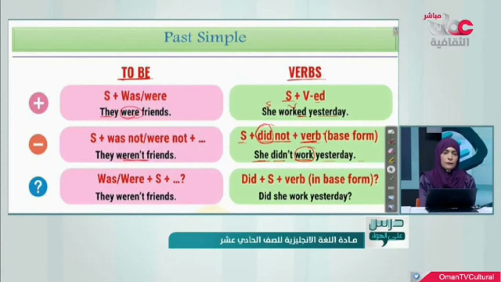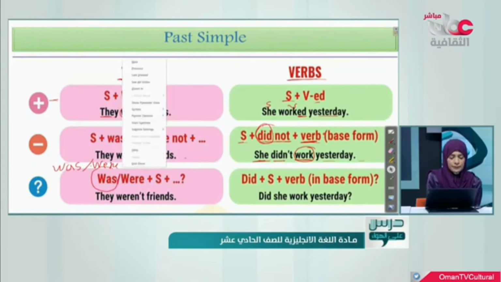Now, if I want to form a question using the past simple forms, I will change the place of was. Look at the first one, the positive sentence here. She was or they were friends. Whenever I form the question, I will put was or were before the subject.